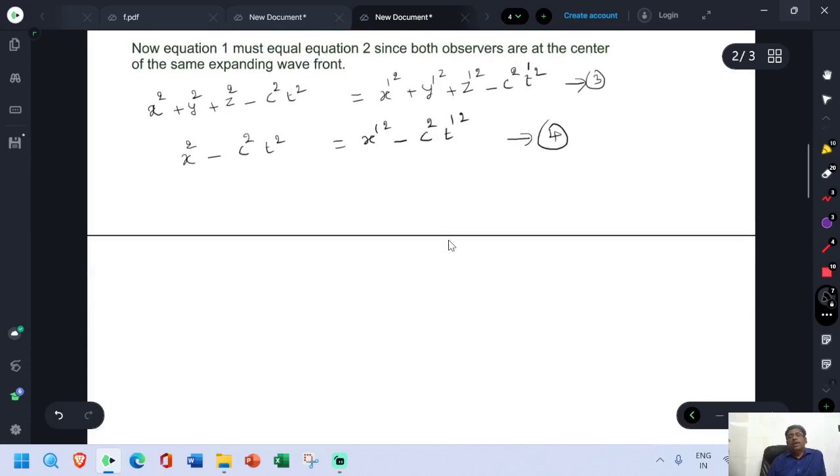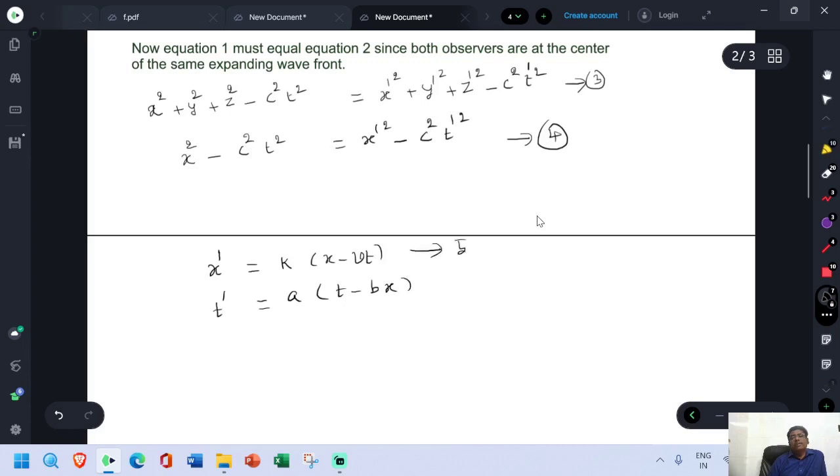To get the Lorentz transformation equations, we have to assume the value of x dash equal to some constant k into x minus vt. x dash equal to x minus vt is our Galilean transformation equation, but x dash equal to k into x minus vt is our Lorentz transformation equation, and we have to assume t dash is equal to some constant a into t minus another constant b into x.